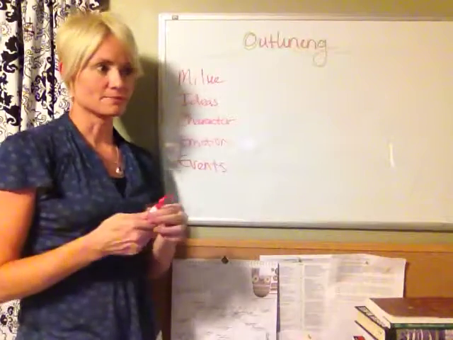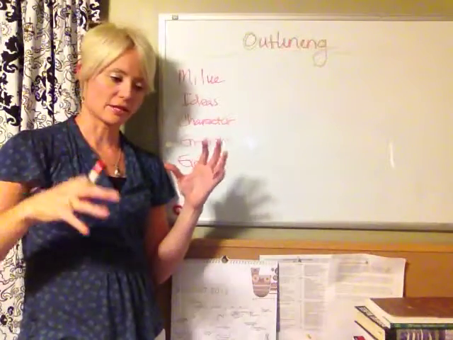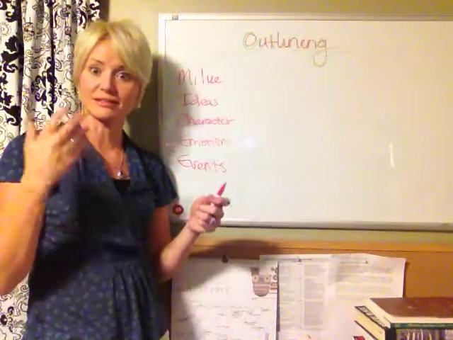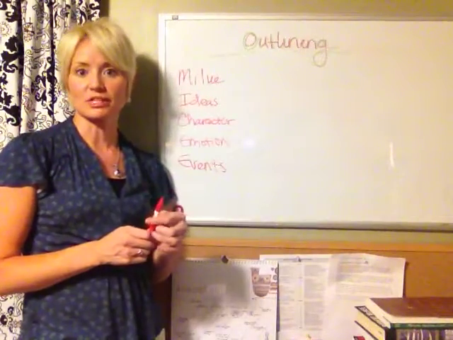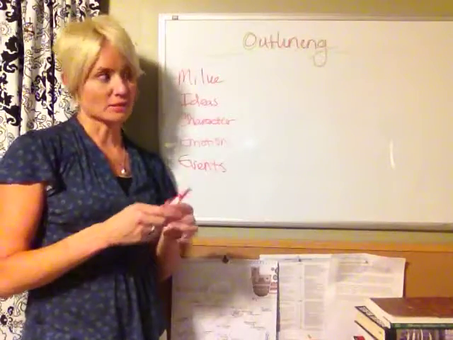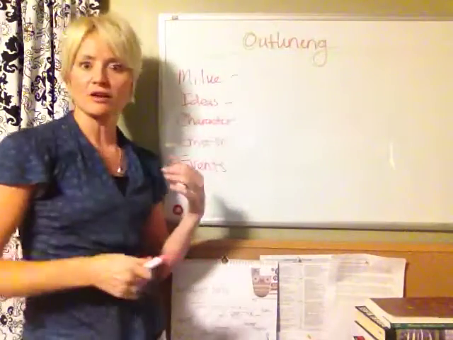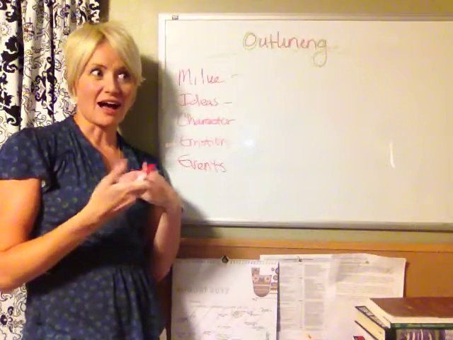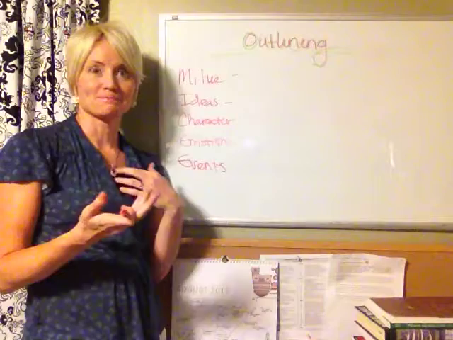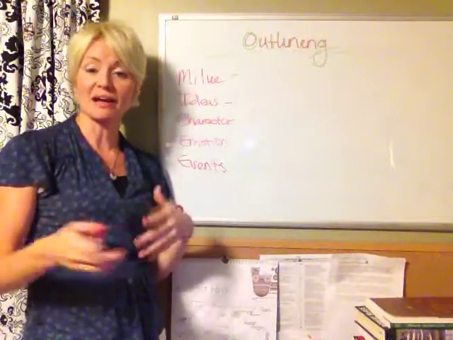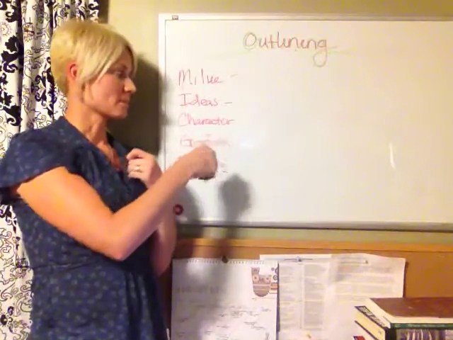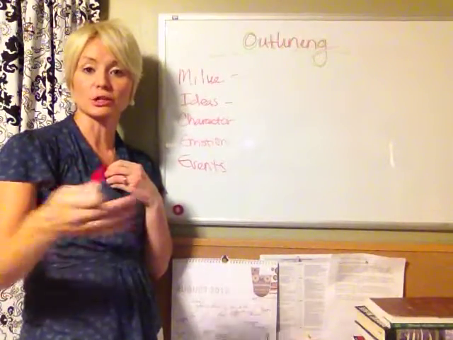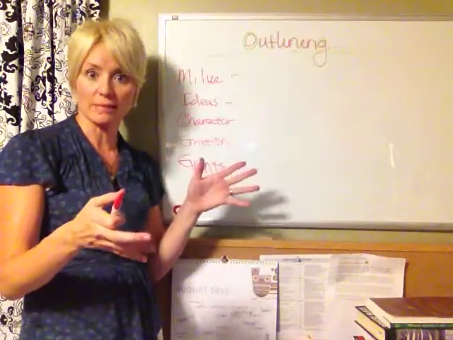So you've got your characters and the world around your character, the sights, the smells, the colors, just what they're experiencing. That's what the milieu is. The ideas are any concepts, or I add clues to the plot in my idea section, or just enlightenment that the main character receives along the way in that particular chapter.